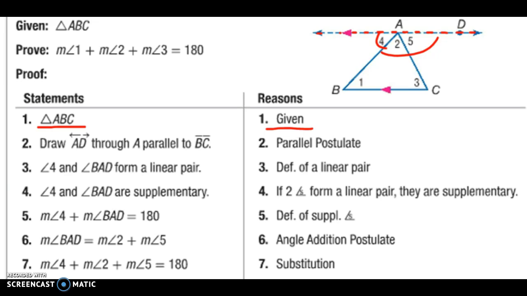Now, BAD is also equal to angle 2 plus angle 5. So we can substitute angle 2 and 5 in for BAD. So that means that the measure of angle 4 plus the measure of angle 2 plus the measure of angle 5 is going to equal 180 degrees.